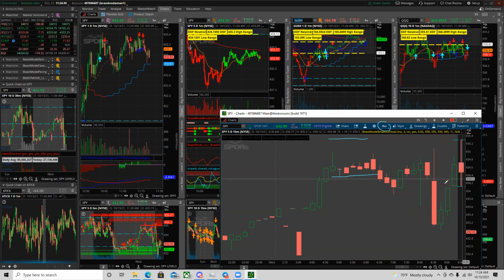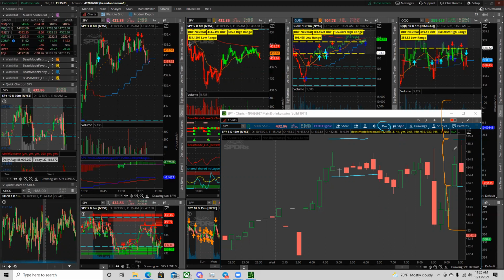Without even knowing which way it's going to break, we have targets on each side. So what you do is you take the distance of the high and the low, and you create the same distance to have a one-to-one to the upside, and then you create the same distance from the low, one-to-one to the downside. How are we getting this one-to-one? We are simply taking the high all the way down to the low of the floor.